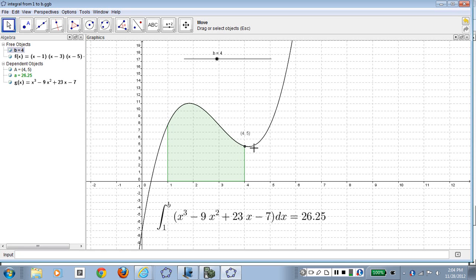We're at 4, the value of the function is 5. If I take a step 1 unit to the right, I would expect it to increase by 5. But if I take a step just a tenth of a unit to the right, I would expect it to increase by 0.5. So it goes from 26.25, and this one I think it does exactly, to 26.75.